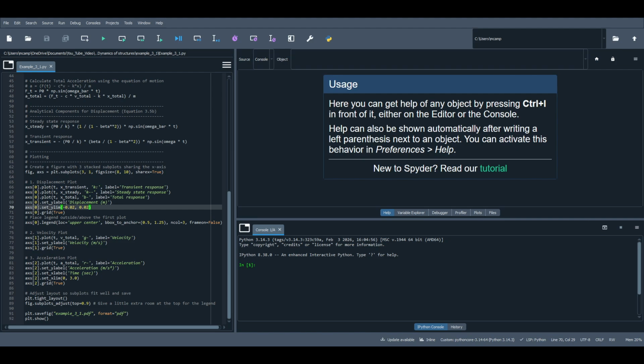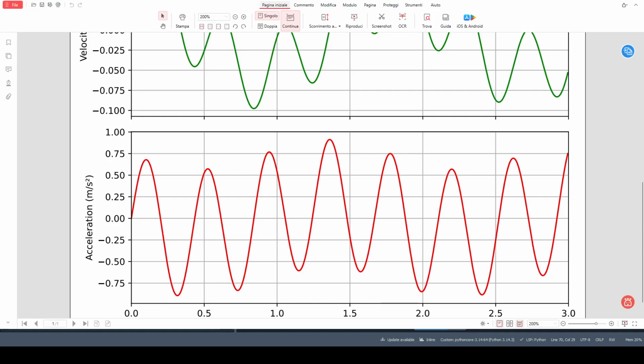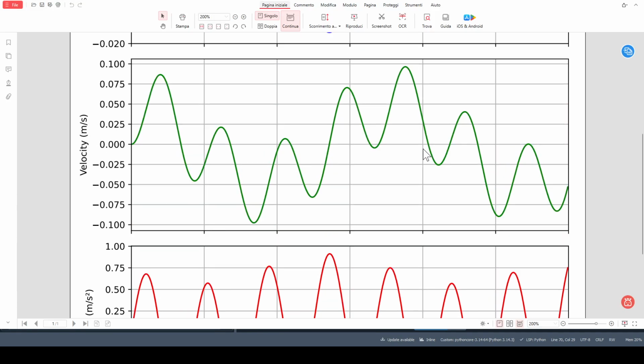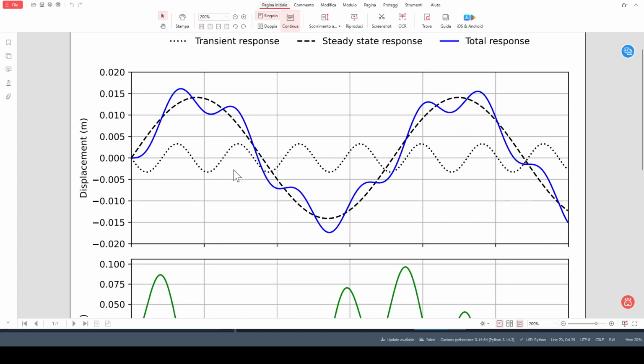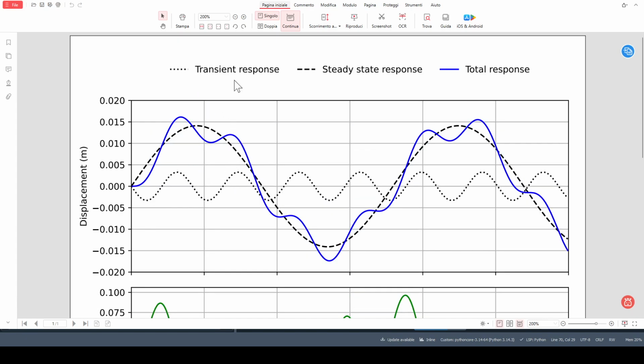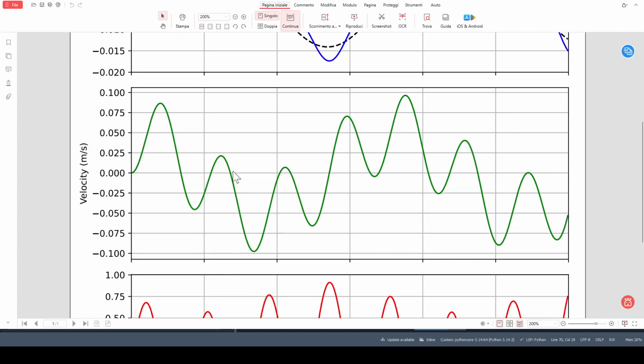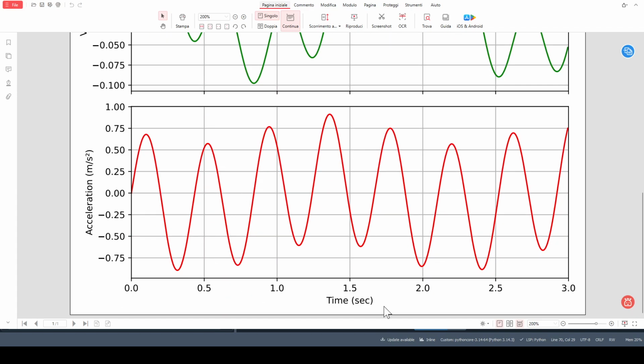So we can see the solution of this Python code, where there is the displacement, the curve of the transient response, the steady response, the total response in blue, and after the velocity and the acceleration as functions of time.